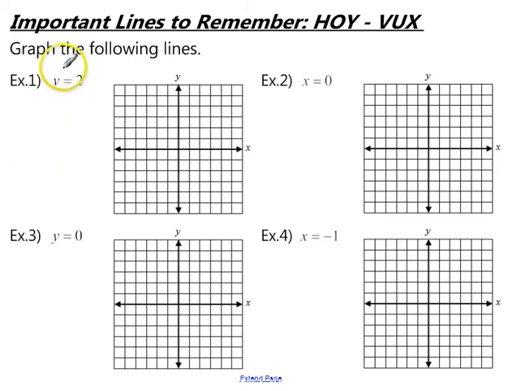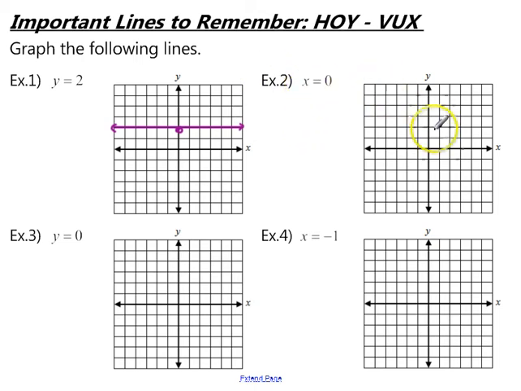So let's go ahead and graph these lines. When we have the line y equals 2, you're going to find y is positive 2. And then remember, when it's y equals, it's a 0 slope horizontal line. So we're going to draw in a horizontal line right here. And there's our equation.